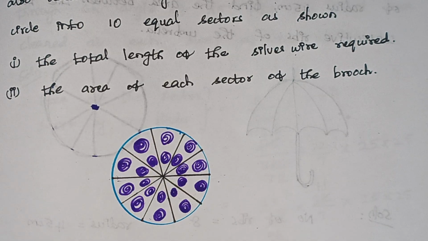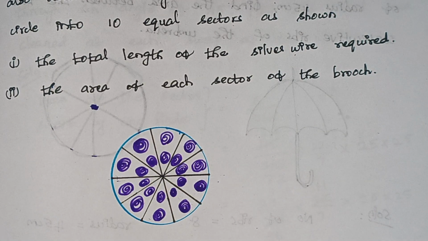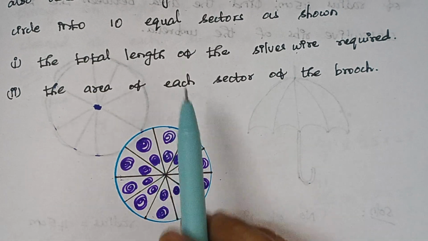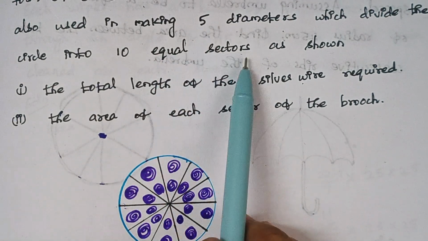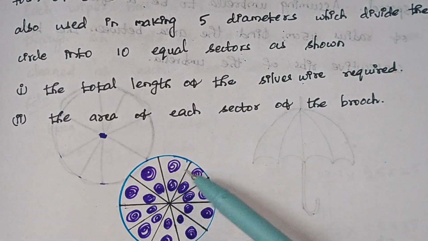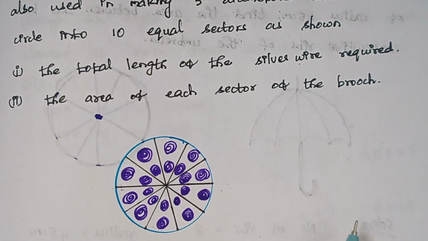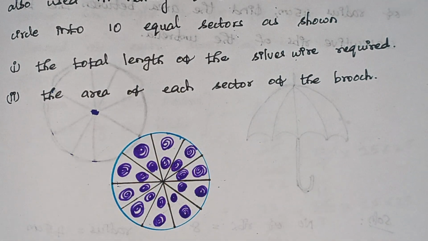So totally there are 5 diameters, and these 5 diameters divide the circle into 10 equal sectors. You see 1, 2, 3, 4, 5, 6, 7, 8, 9, 10. So totally the circle is divided into 10 parts.